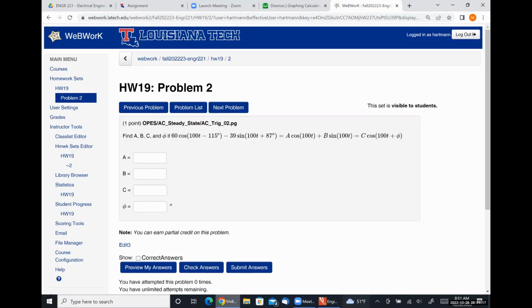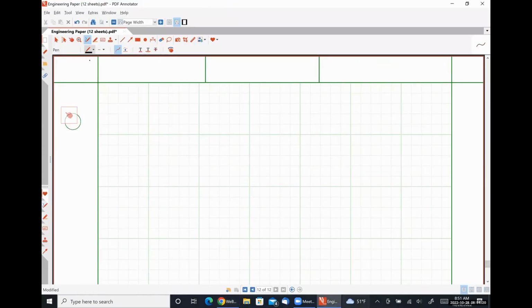So we have 60 cosine of 100t minus 115 degrees minus 39 sine 100t plus 87 degrees is equal to A cosine 100t plus B sine 100t.